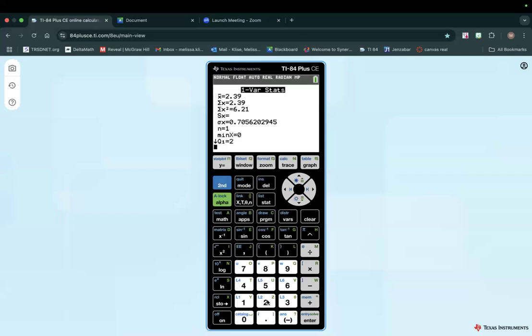So when I hit calculate, notice that I got 2.39 for the mean, which is exactly that expected value that we hand calculated. And then the standard deviation, it only gives you the sigma, which is just fine. This is exactly what we got, 0.7056. So this is the standard deviation, and this is your expected value. That's it. It's super easy in your calculator.